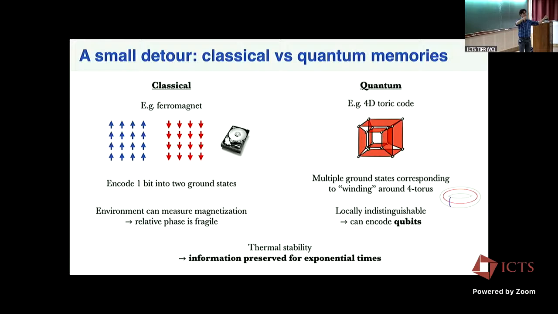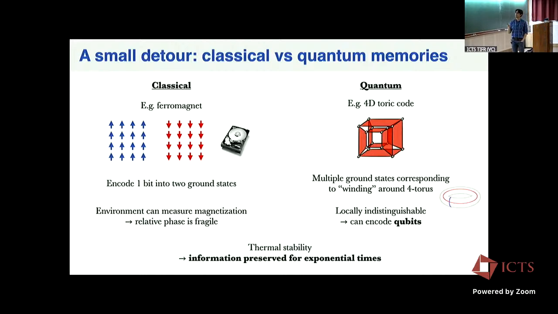I could come back a day later, measure the magnetization, and I would still know which of these two states I started with. So I'm preserving one bit of memory of the initial state, this magnetization being up or down. But this is really only a classical memory. If I prepared an initial state that was some superposition of two different magnetizations, the relative phase between those would not be preserved. That's very easy to measure locally, and it's destroyed by coupling to an environment. So that's only a classical memory.